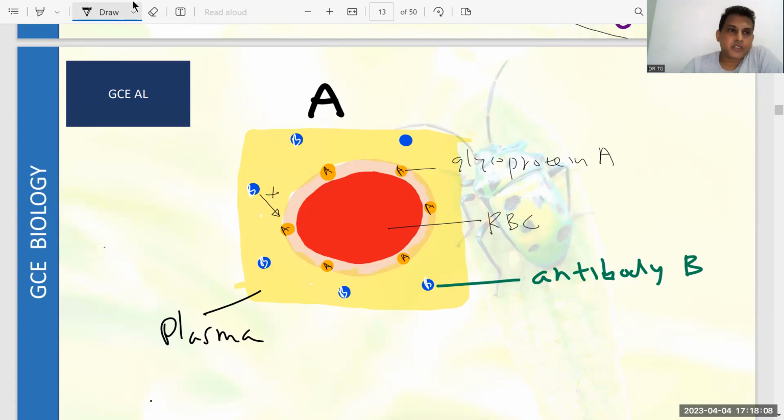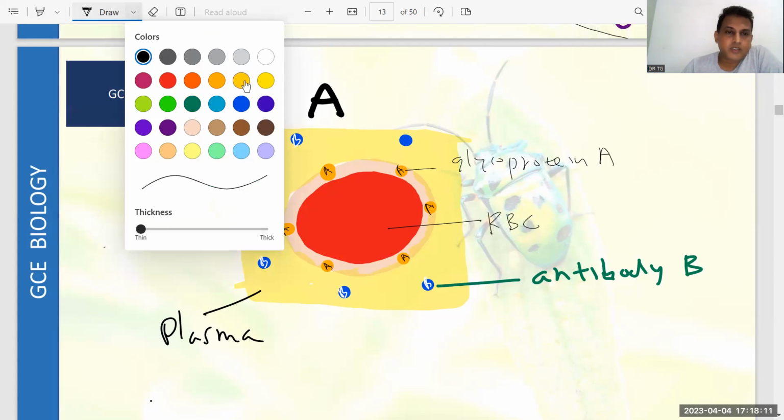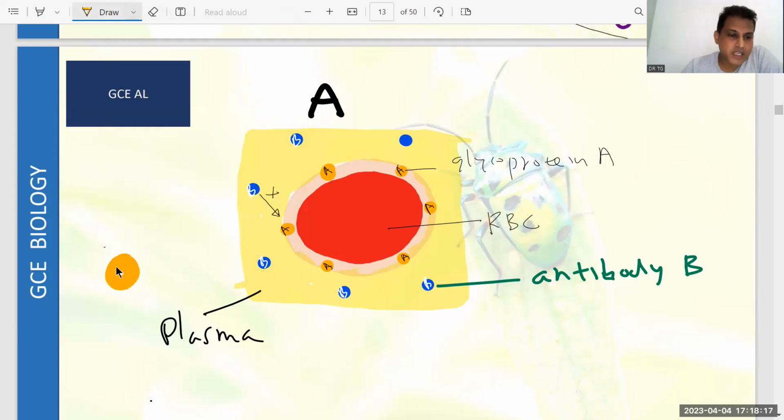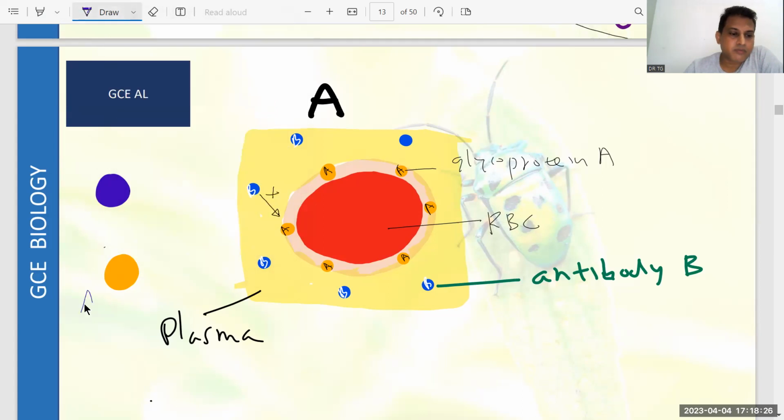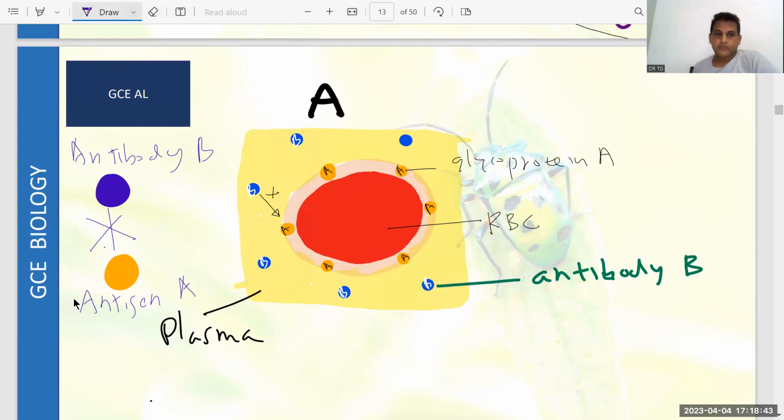Right. So these people have antigen A, and these people have antibody B. Antigen A, antibody B. So there's no interaction between them because they cannot recognize each other, there's no binding, there are no reactions between them.